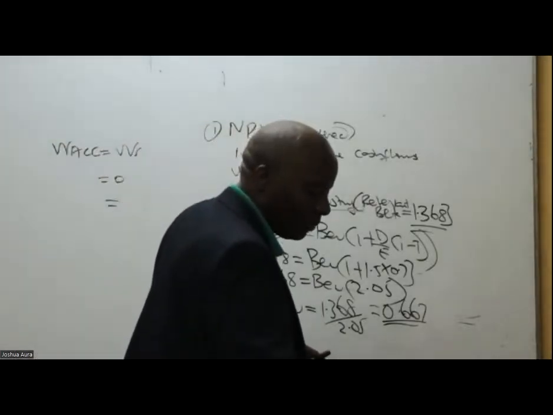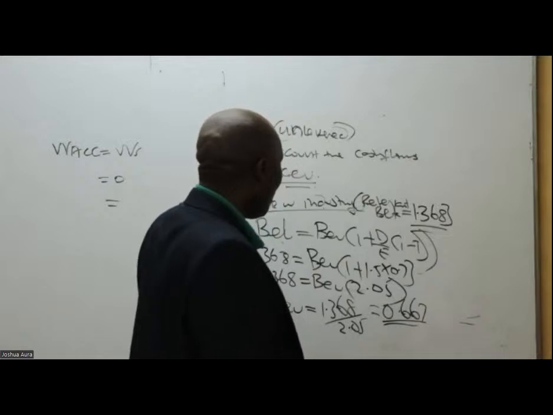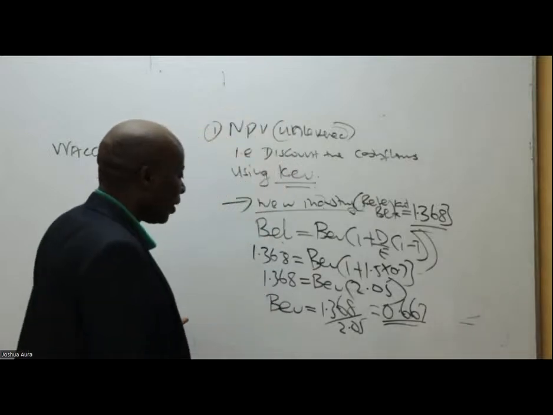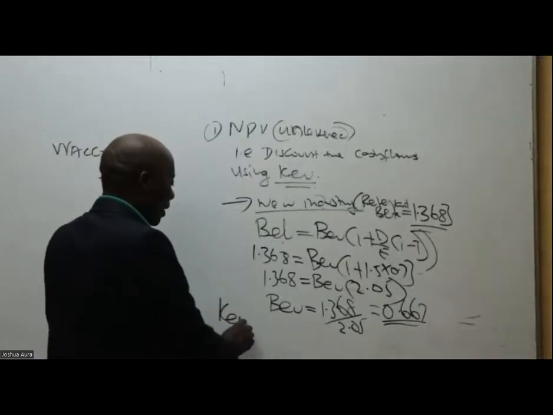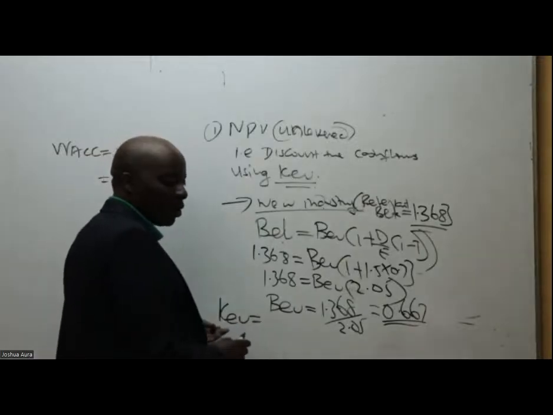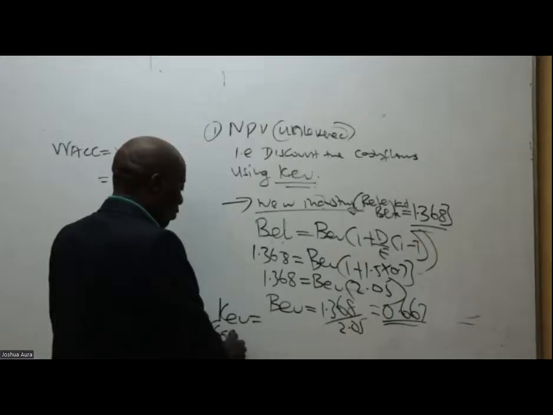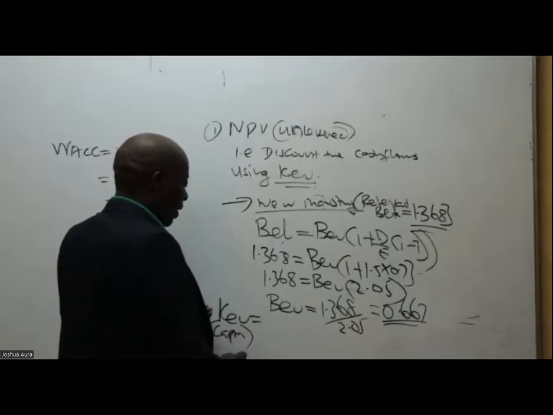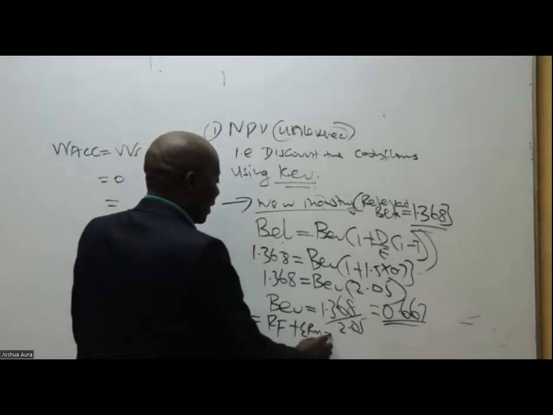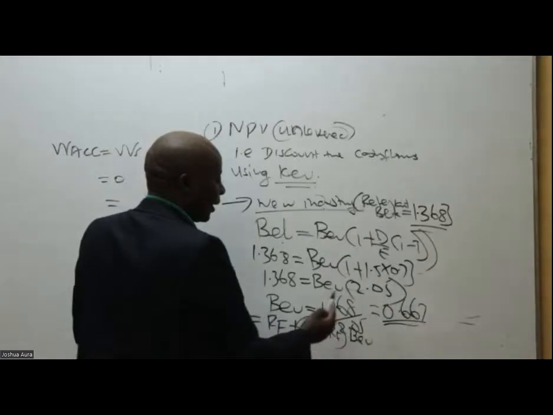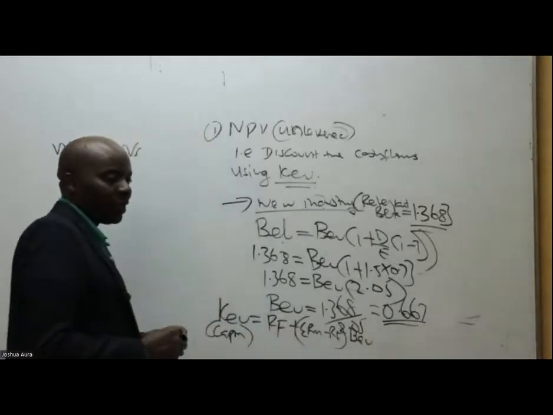Very fast, remember, I want to get my Ku. So how do I get my Ku here? To get my Ku, I know I'm going to use CAPM. CAPM, we know, should be risk-free plus return of the market minus risk-free, outside here we have beta equity unlevered, pure unlevered.